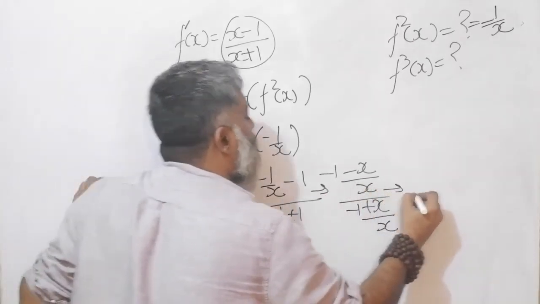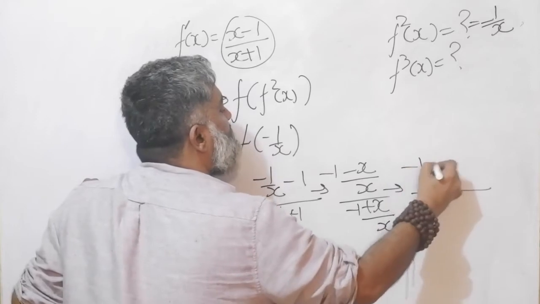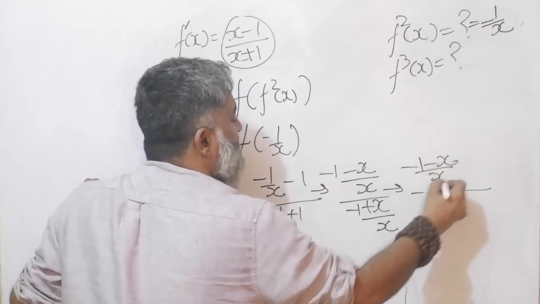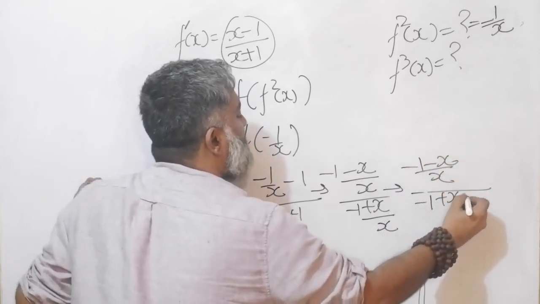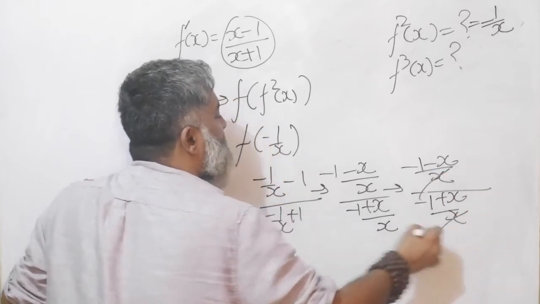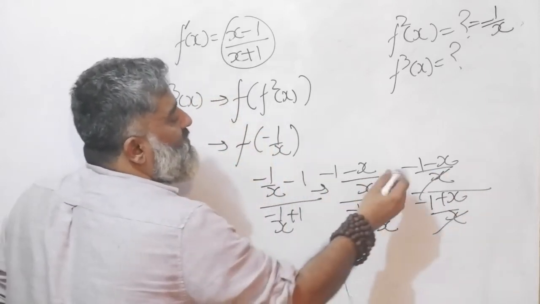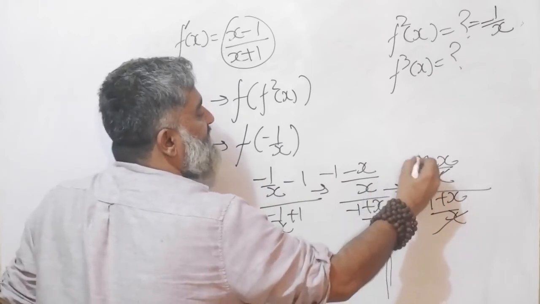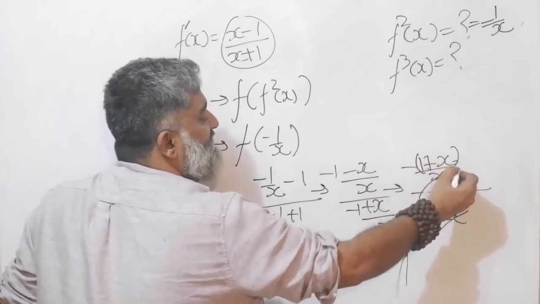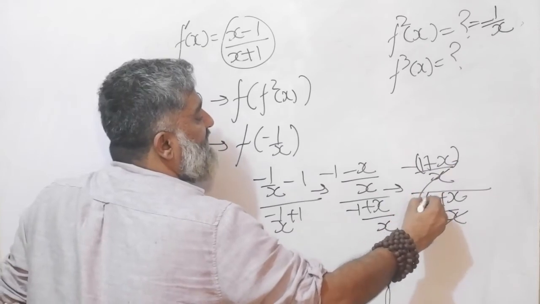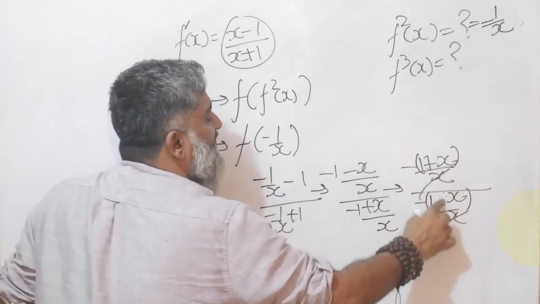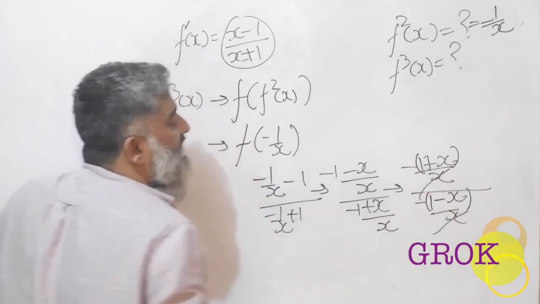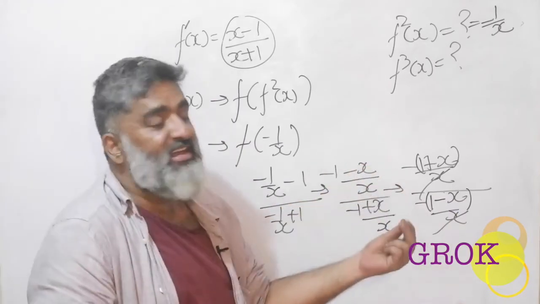Figure this story out. You have a minus 1 minus x upon x, and you have a minus 1 plus x upon x. The x will get cancelled. Furthermore, can I take the minus out of this story and rewrite this as minus into 1 plus x? And if I do the same thing, if I take the minus out of this story, I'll have to change the sign here and make it minus. So these steps should be very, very clear.